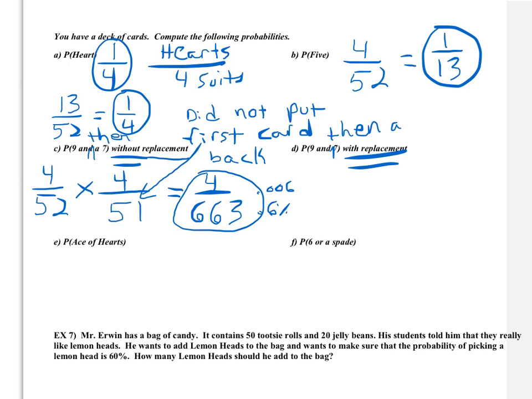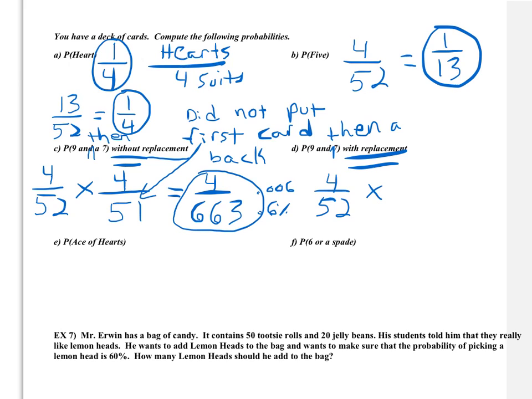So on that second draw, we're still going to have all 52 cards in the deck. The first one would still be 4 out of 52 because there are 4 9s in the deck out of 52 total. And then, what operation? It is multiplication. And then a 7.